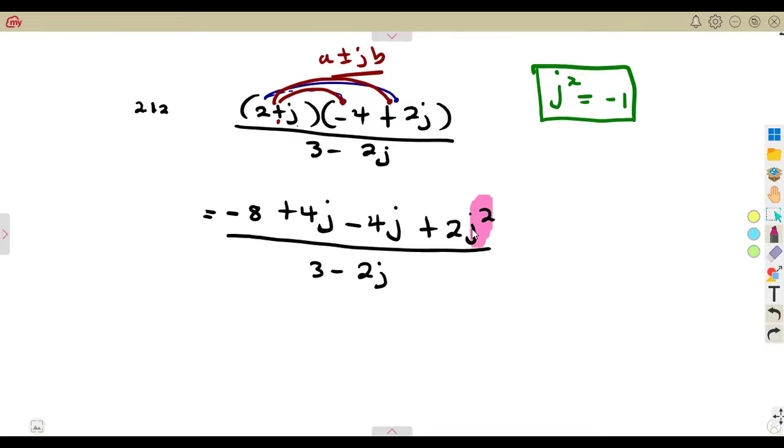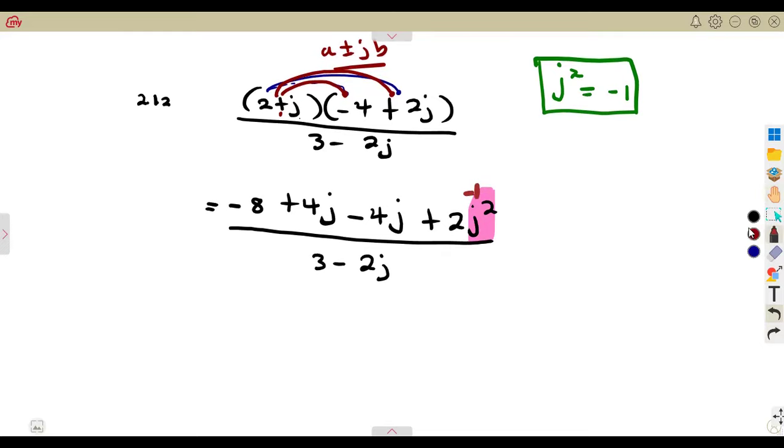So we can simplify this and have minus 8. 2 times minus 1 is minus 2. So that will be minus 8 minus 2, which is minus 10. The plus 4J and the minus 4J, these two cancel. 4 minus 4, that's 0.